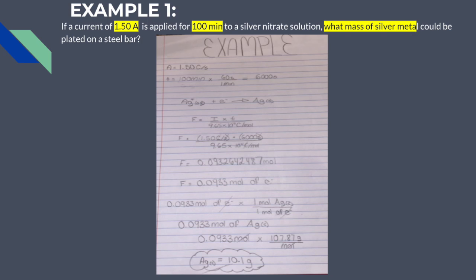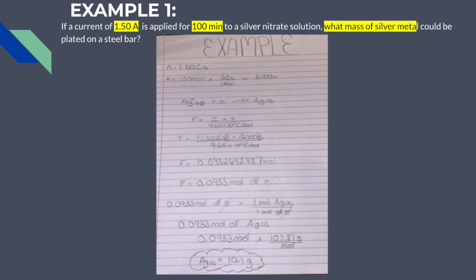However, you're not finished yet because you need to get the grams because it's asking for what mass of silver metal. So you need to get the grams of your silver metal. So this is where your stoich comes in. You will take your 0.0933 moles of electrons and times it by 1 mole of silver solid divided by 1 mole of electrons. Now, once you do that, you got it into your moles of silver.